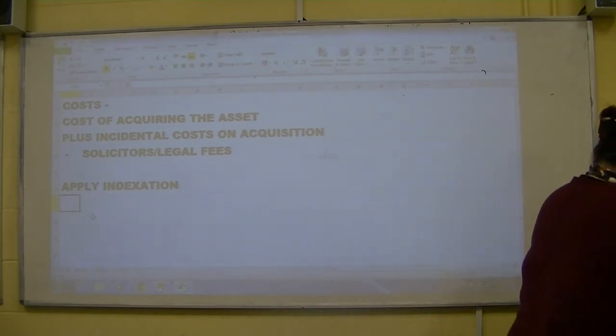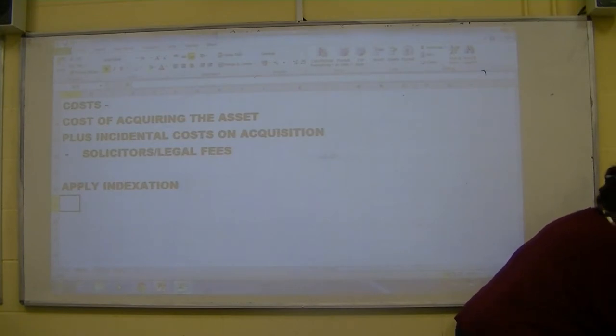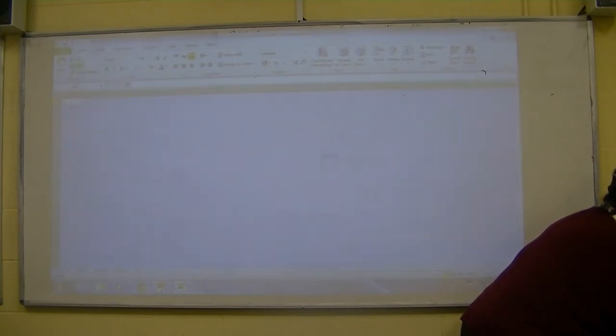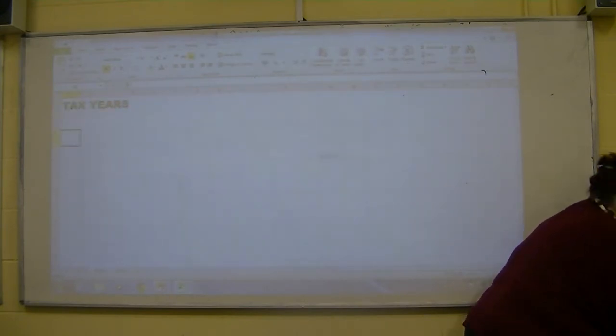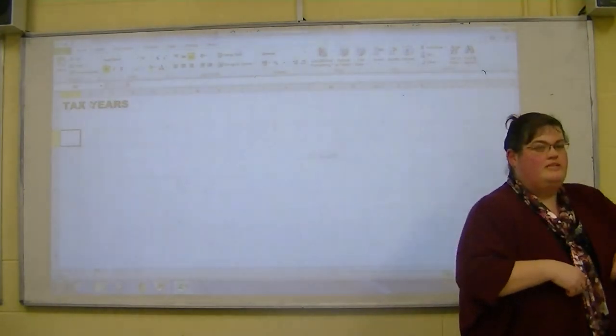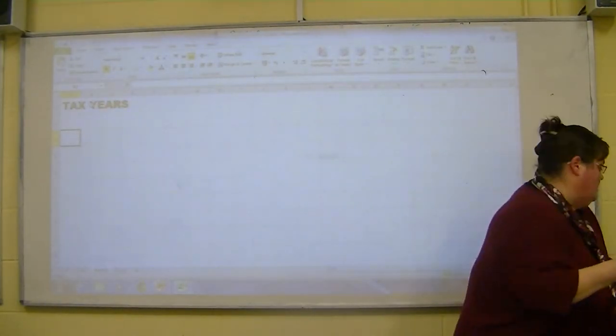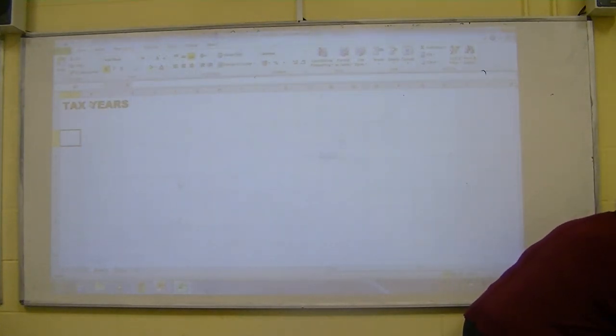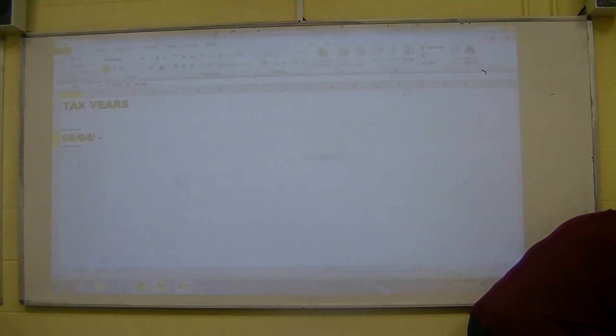Okay, and remember, for indexation, it's based on our tax year. Just keep a note on the tax years here. This is just to do with the 6th of April rule. Our tax years ran from the 6th of April to the 5th of April up until 2001.